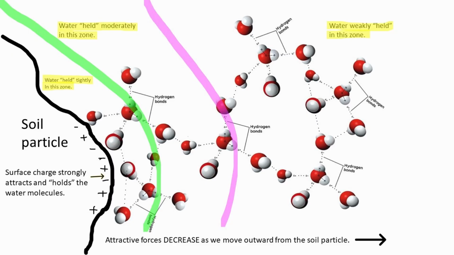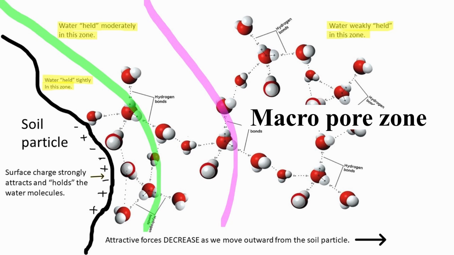If we look at this diagram we're looking at now, that's probably the second most important diagram we're going to look at in this video. As we can see, we have a soil particle over on the left-hand side, and we're showing the water molecules in the space to the right, which is an air space in the soil, a macropore.